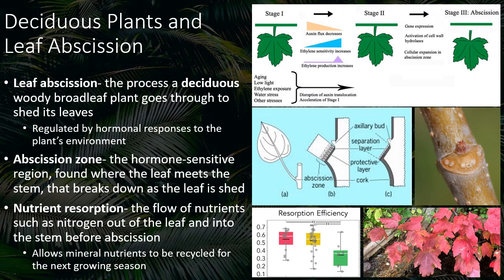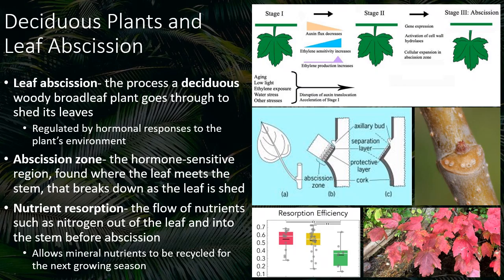The reason we see the fall colors of leaves is not only because chlorophyll is reabsorbed, but also because those pigments help protect the tissues of the leaf as those resources are being absorbed. So when we look at this resorption efficiency graph, just to explain, a resorption of one would be perfect resorption. That means 100% of the resources were resorbed.